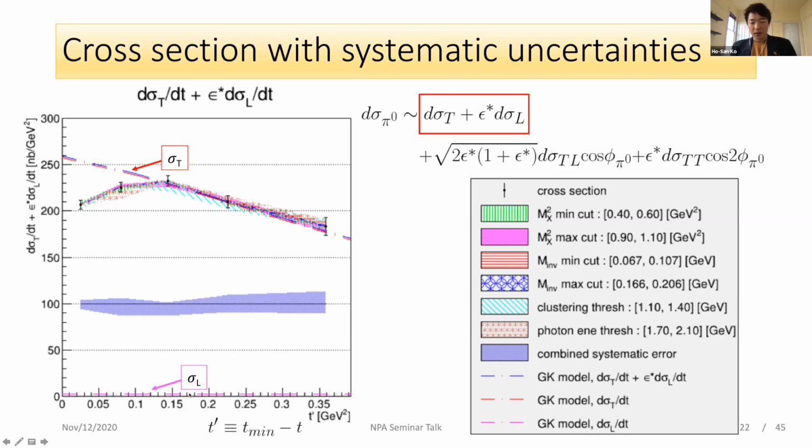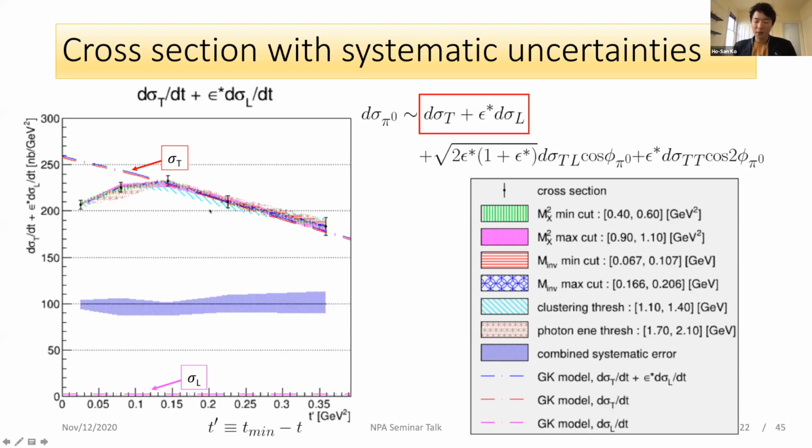You see that by using only the chiral even GPDs, the sigma L term is expected to be very small, whereas the sigma T term is expected to have most of the cross-section.